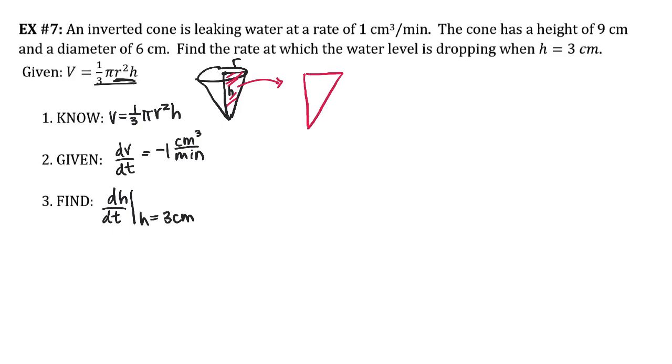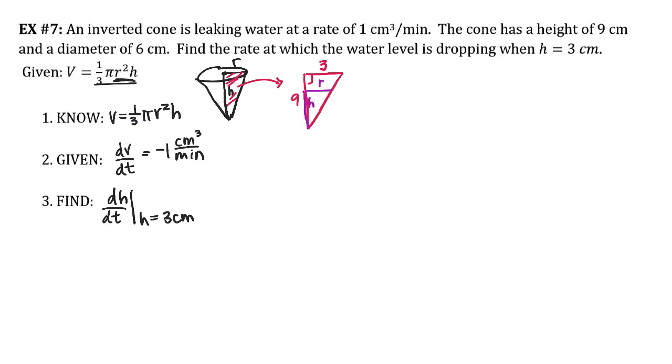Now, we were told that the diameter was 6, so that means the radius is 3, and we were also told that the height was 9. So if we break this into parts of a triangle, notice that as we move down the height, this radius will change with respect to this height here.